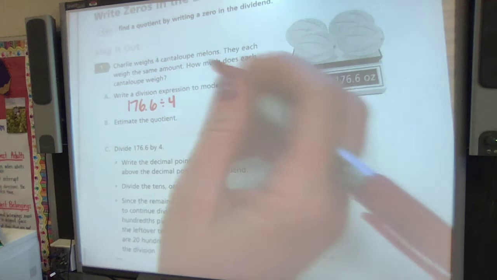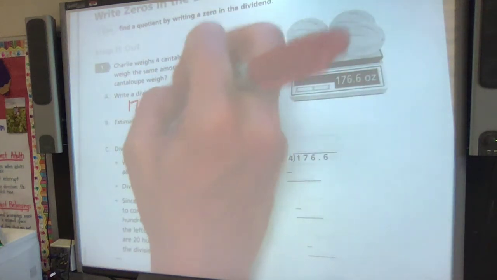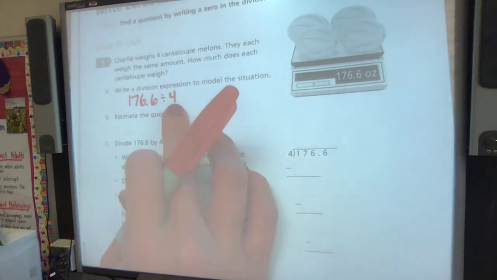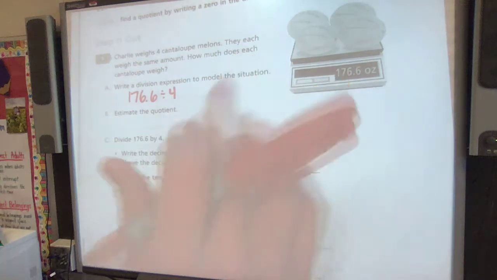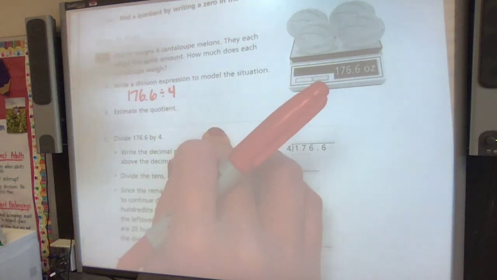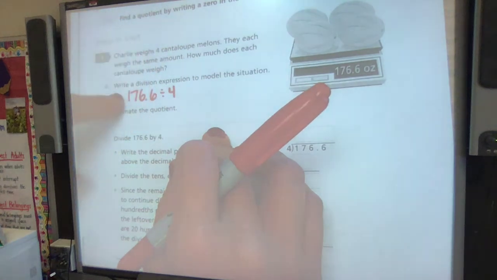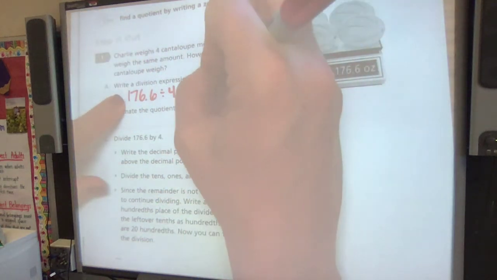Think about what we could round this to. So I look at my 4, because that's what I'm dividing by, and I think about things that 4 can go into easily. 4, 8, 12, 16, 20. So this 17 is really close to 16.